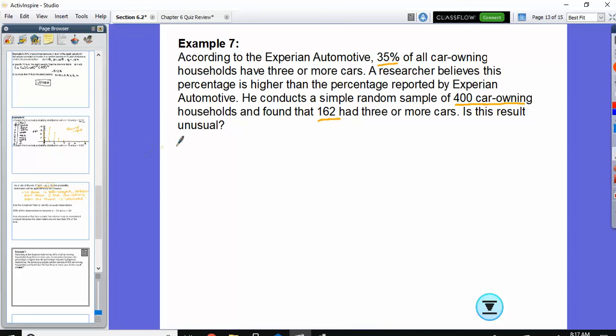So we looked at this example on Friday and we found the mean and standard deviation, but we could quickly calculate that again. If you look at your formula sheet, to find the mean of a binomial, it's just n times p. So there are 400 cars, the probability was 0.35, and that gives us what? 140.